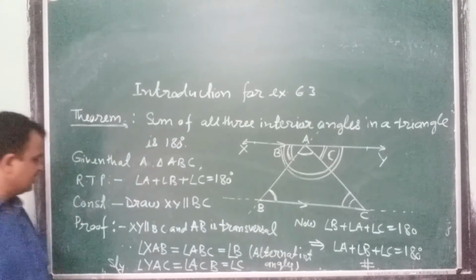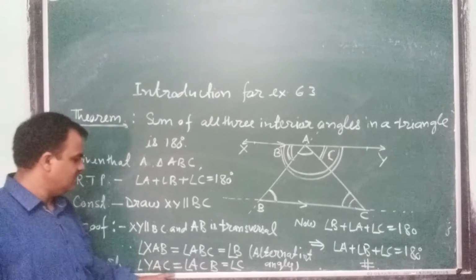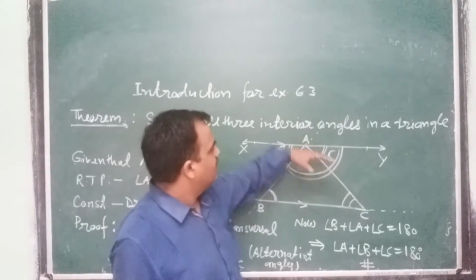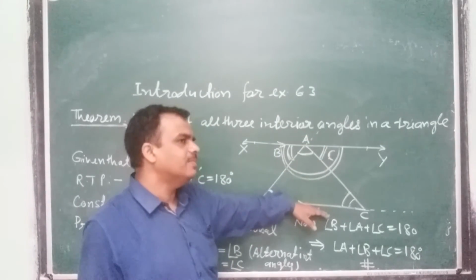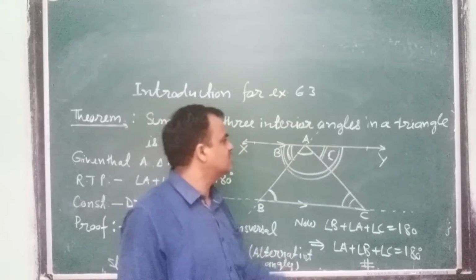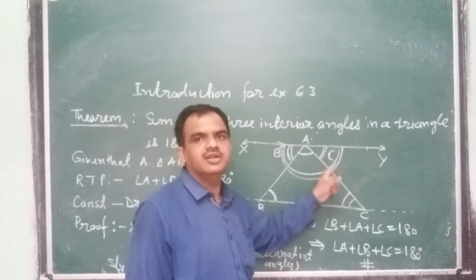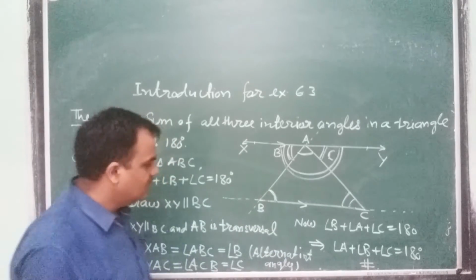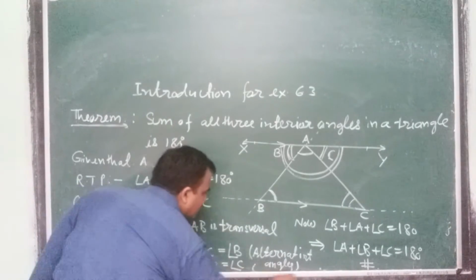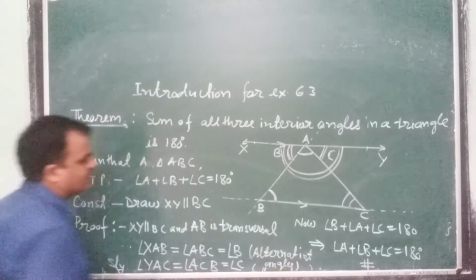Similarly, angle YAC equals angle ACB because XY and BC are already parallel and AC is the transversal. So these two angles are again alternate interior angles. So they will be equal. The same reason may be given for this one also.